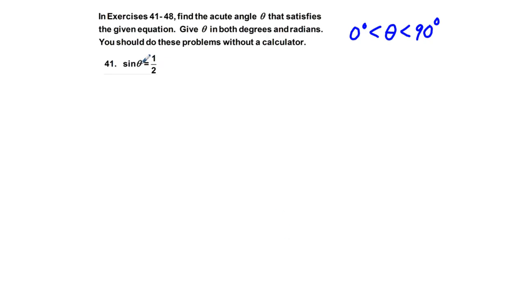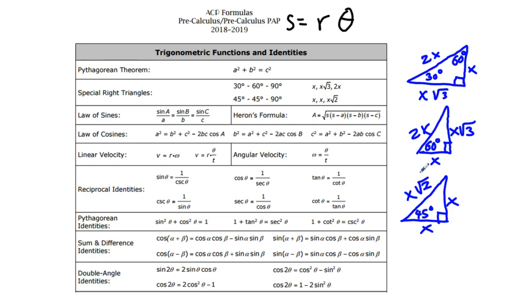Sine theta equals 1/2. Well, what we're looking at is sine theta is going to be equal to our opposite over our hypotenuse. So we're looking for a triangle where the ratio between our opposite and our hypotenuse is 1/2. So going back to our special right triangles we just sketched here, where do we see that type of ratio?